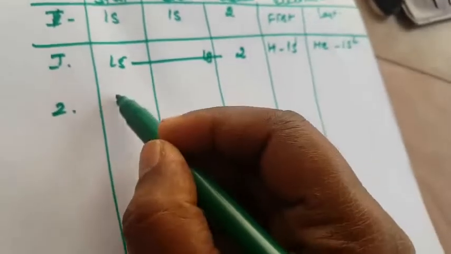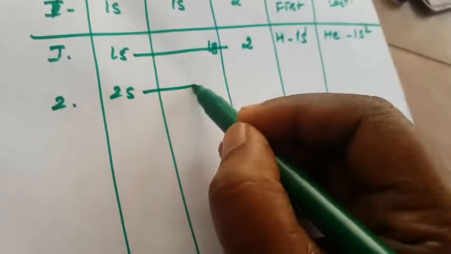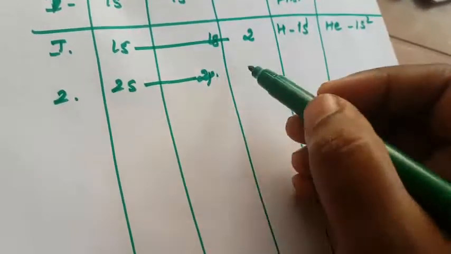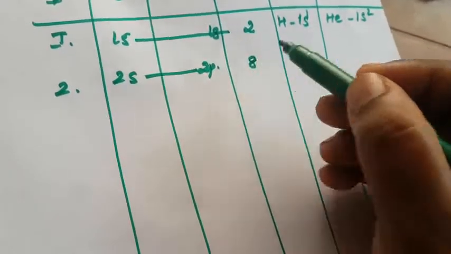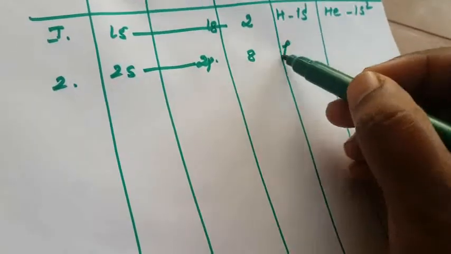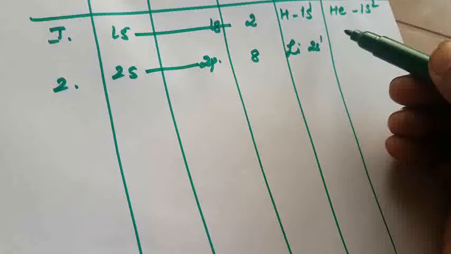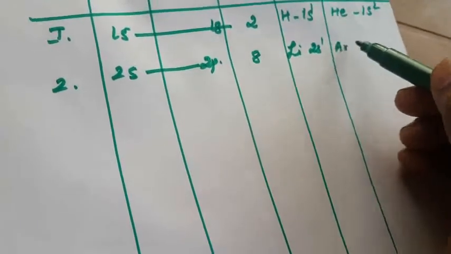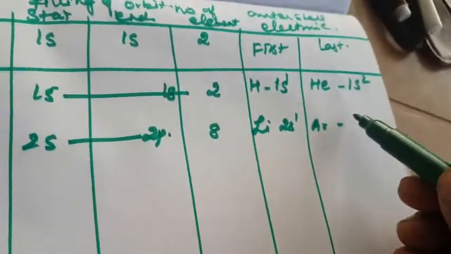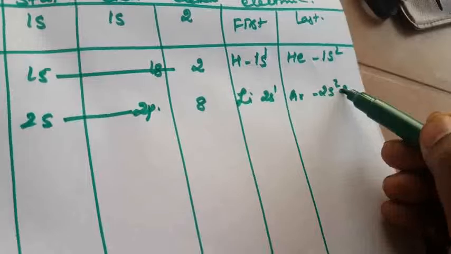Again, the second period starts from 2s up to 2p. The number of elements is 8. Lithium is 2s1 and neon ends with ns2 np6, that is 2s2 2p6.